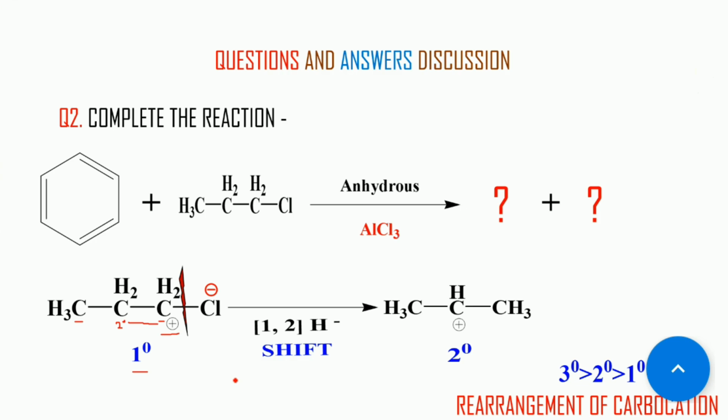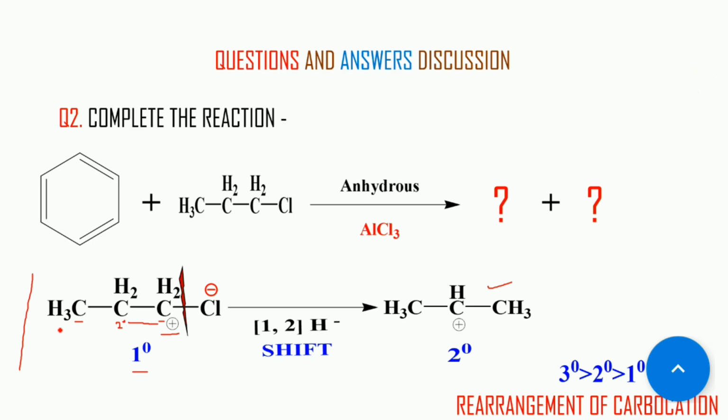Understood? Now this whole process, this fusion, this rearrangement of the carbocation, and this is how our electrophile is generated. Generation of the electrophile is complete. All these things happen in a single step, our first step, step number 1, generation of electrophile.